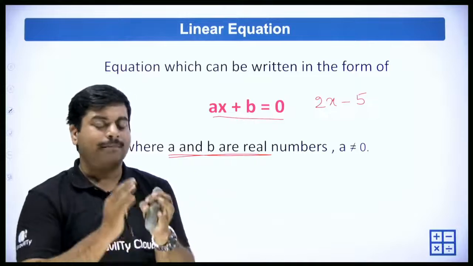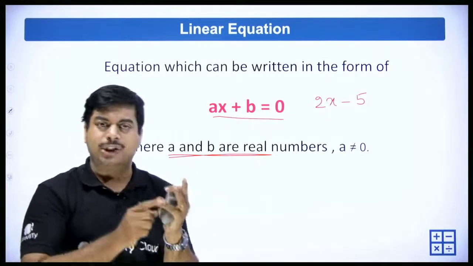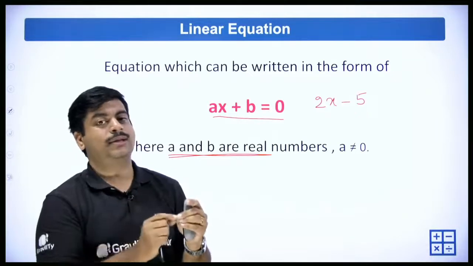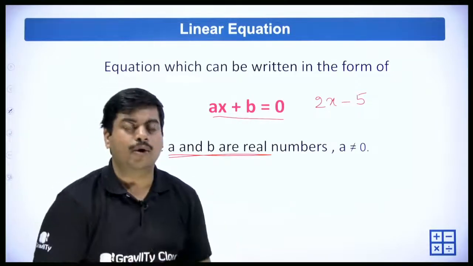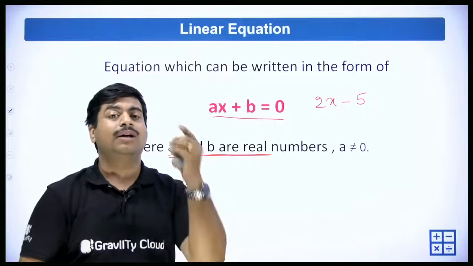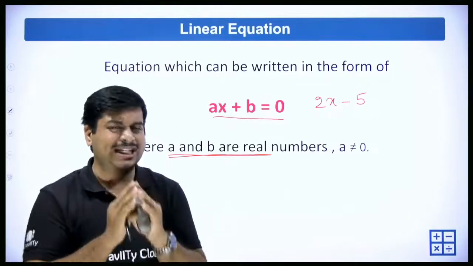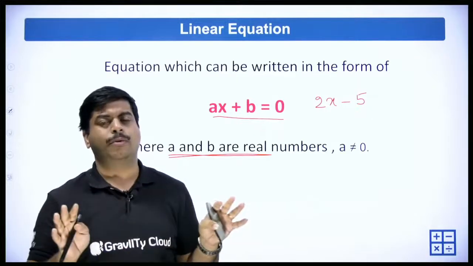In the previous classes, we discussed what are natural numbers. You learned what are whole numbers, what are integers. And going forward, we also learned what are rational numbers. But if you still don't know what is a rational number, no problem.